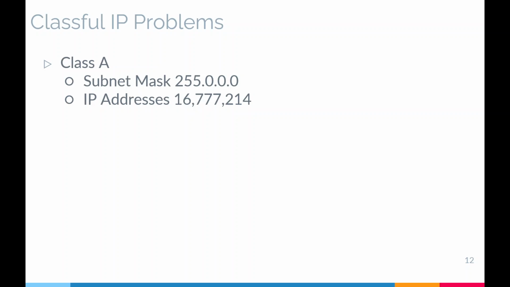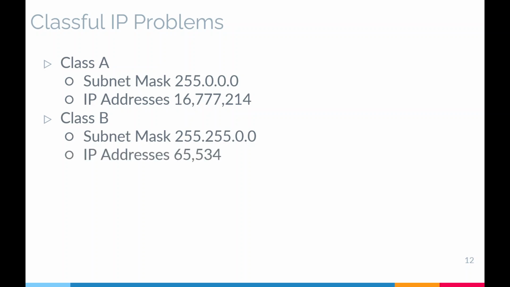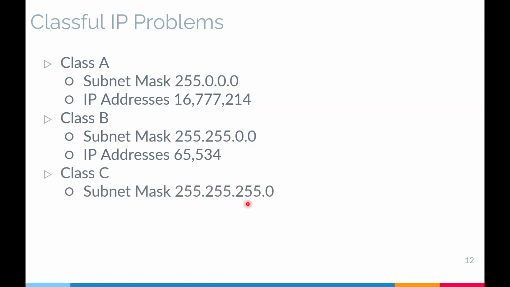Similarly, for class B, since the network portion increases as the subnet mask is 255.255.0.0, the number of hosts that can be allocated reduces to 65,534. Similarly, the least number of hosts is for class C because the subnet mask is 255.255.255.0, which means we have only the last octet left for hosts. So it turns out to be 254.